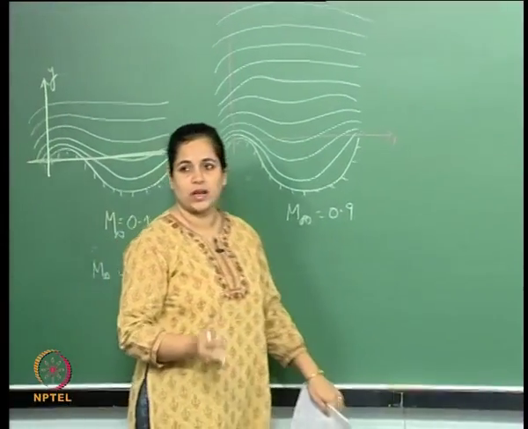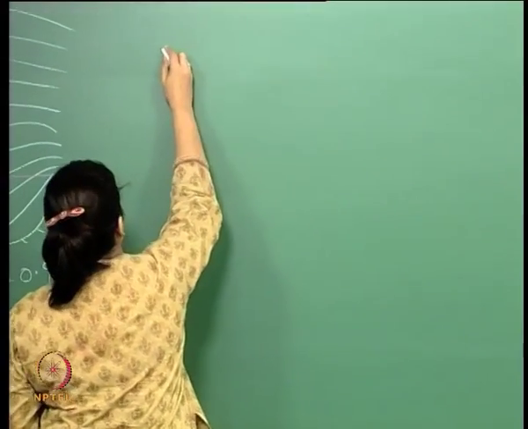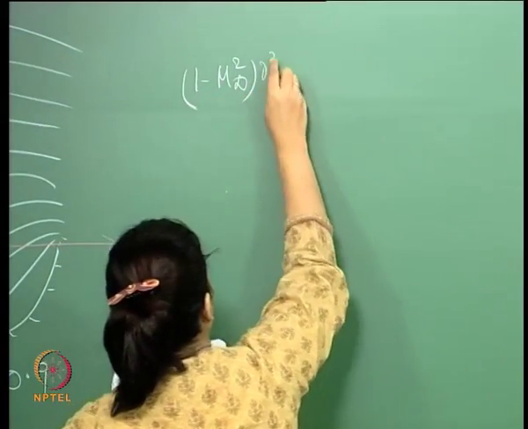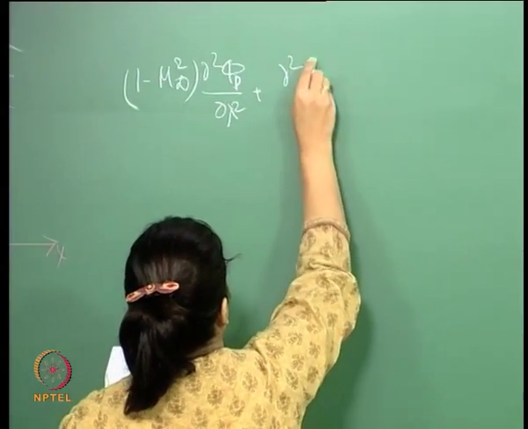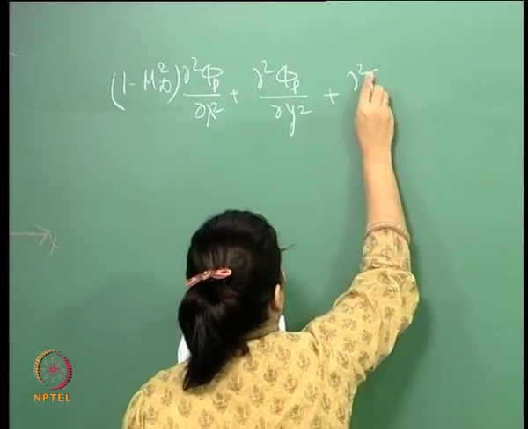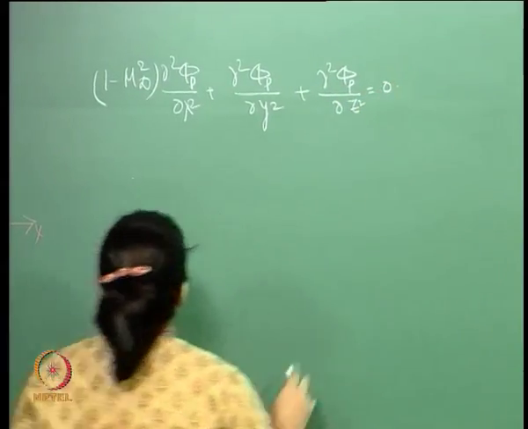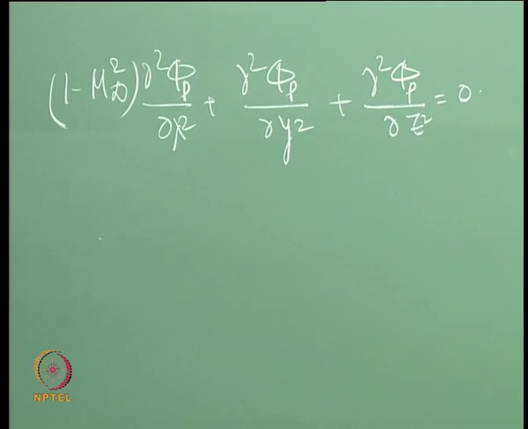We will start with the perturbed velocity potential equation. This is what we had originally done for the subsonic case. Now let us do this for a supersonic case.